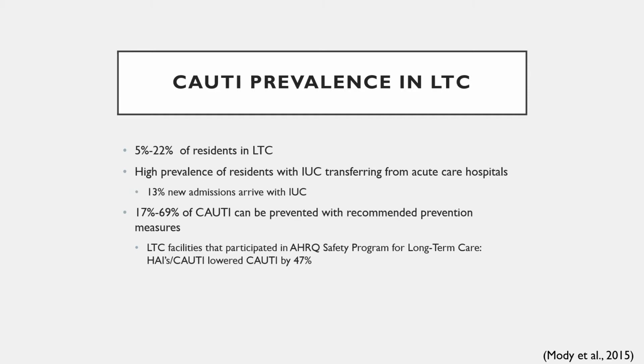The number of residents with indwelling urinary catheters increases the risk for infection. 17 to 69% of catheter-associated urinary tract infections could be prevented if prevention measures were implemented. When 500 nursing homes participated in the AHRQ safety program to reduce CAUTI infections, facilities reported a 47% drop in CAUTI reports.